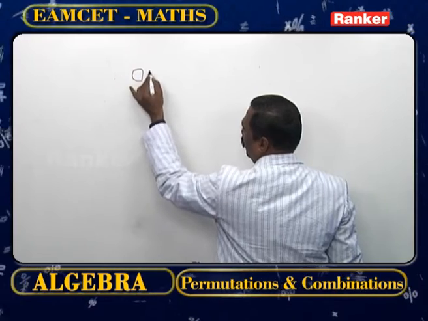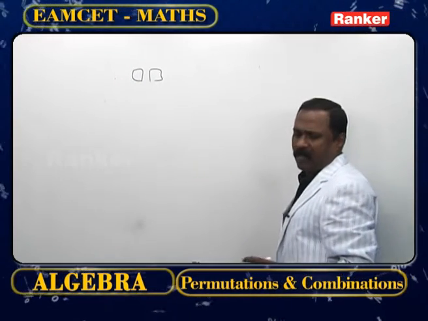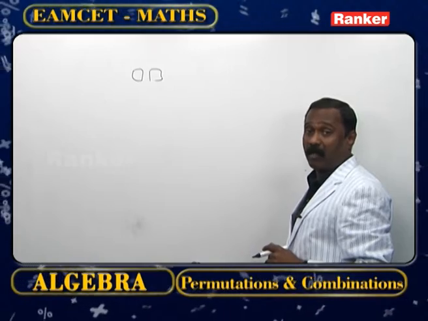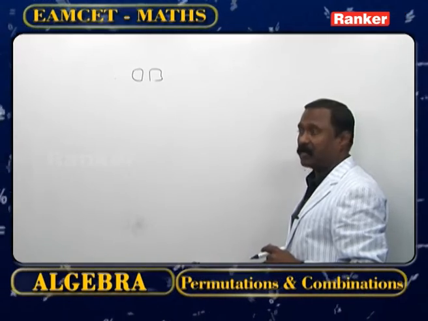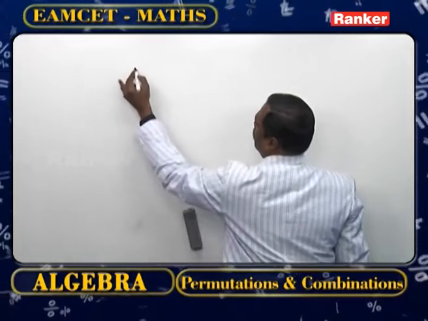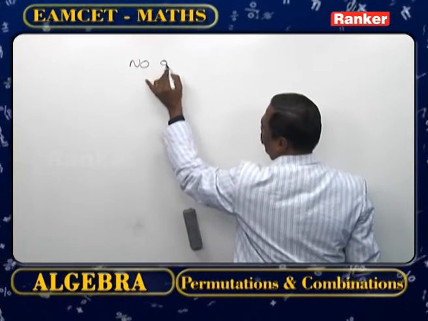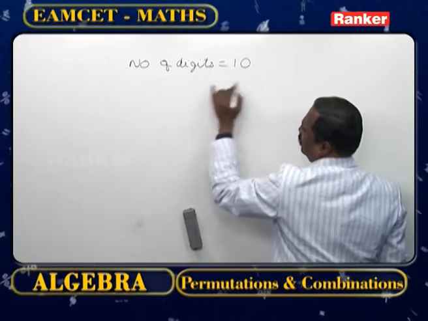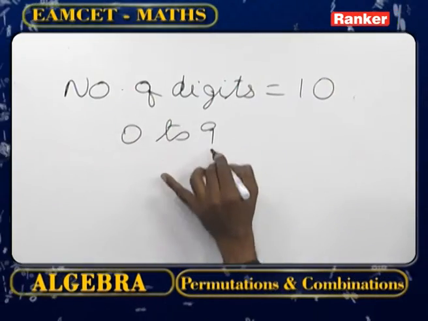Then the number of numbers between 1 and 10 power 10. If you take the number of digits, how many digits are there? Equal to 10, 0 to 9.